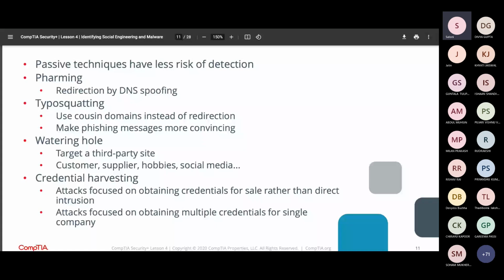Corrupting the way the victim's computer performs internet name resolution. For example, if there is a site mybank.foo, it should point to the IP address 2.2.2.2. In a pharming attack, it will corrupt the name resolution process and point it to a new IP address, probably 6.6.6.6 or any other IP address. So they are basically redirecting.